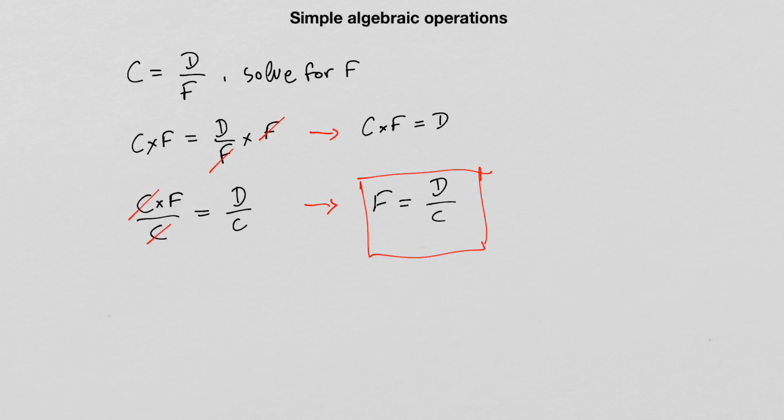And if a quantity or a number that we want to move is in the denominator, we must multiply by that quantity on both sides. It is very important to remember that the multiplication or division must be done on both sides at the same time, because if you only do that to one of the sides of the formula, then the entire relationship changes and it's a completely different relationship.